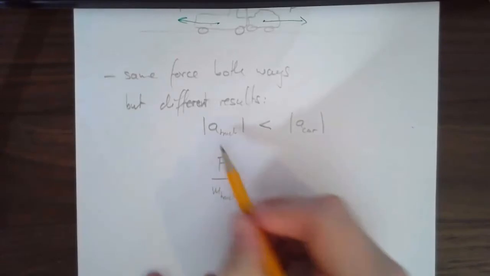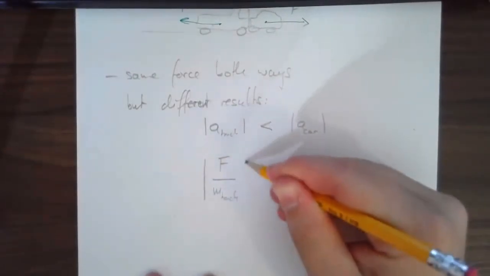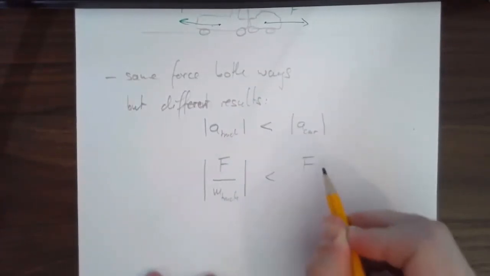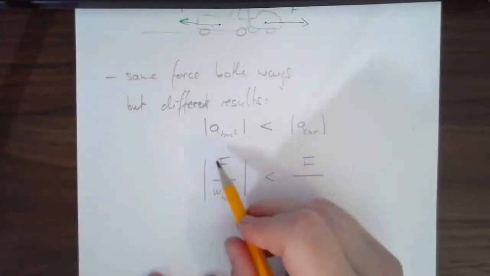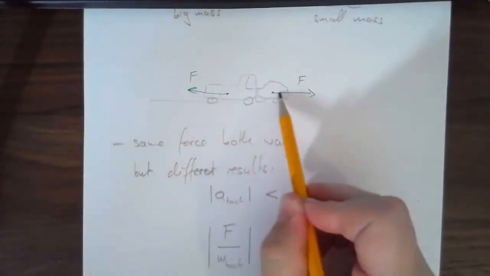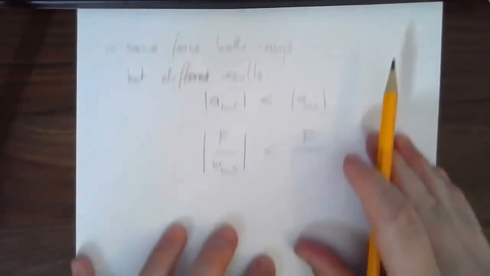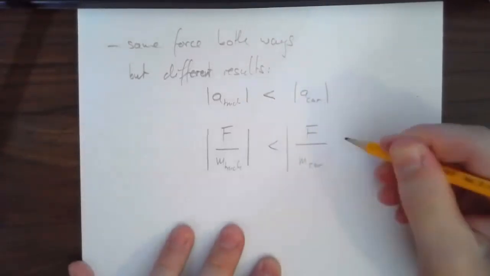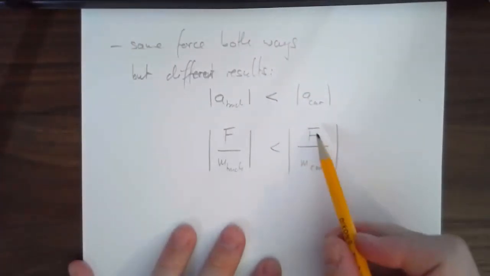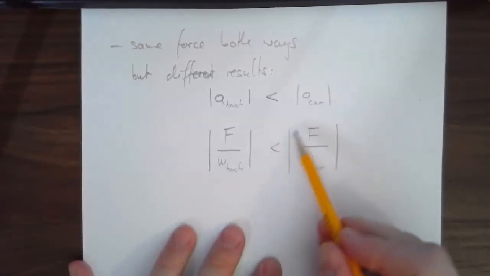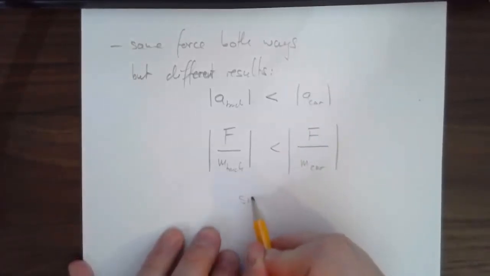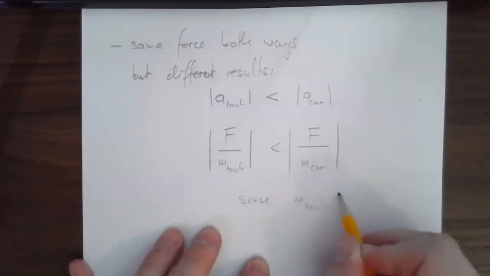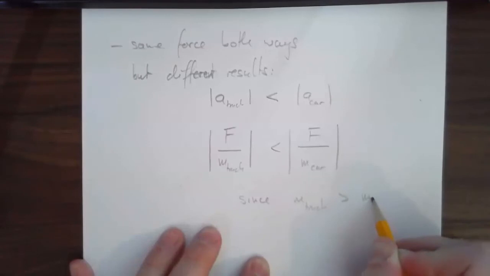but to get the acceleration of the truck, I divide by the mass of the truck. Whereas the force on the car is the same as the force on the truck, because those are a Newton's third law pair. But the mass of the car is smaller. If the mass of the car is smaller, then when I divide by the mass of the car, this right-hand side is bigger, since m truck is bigger than m car.